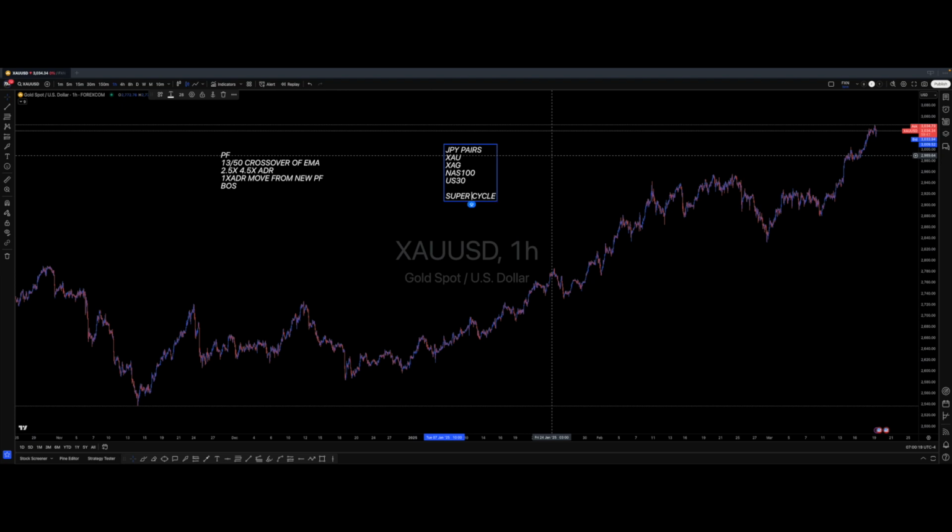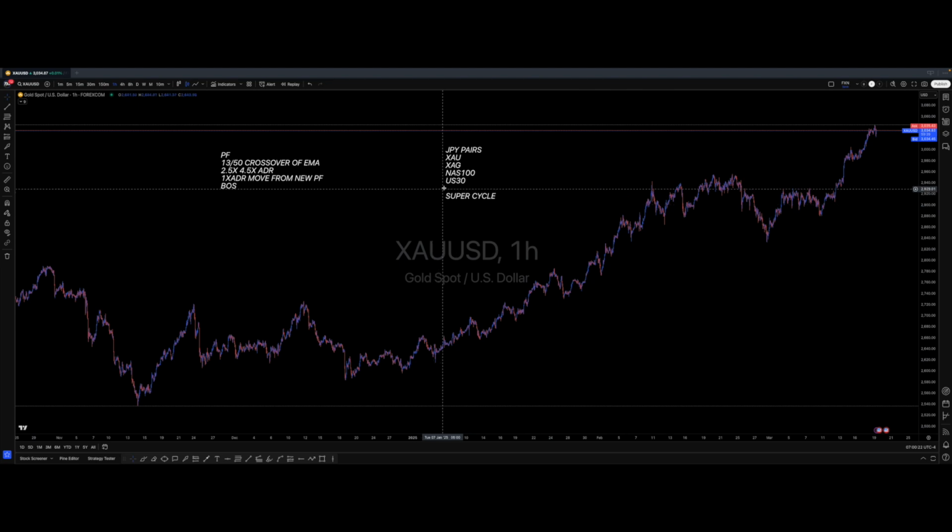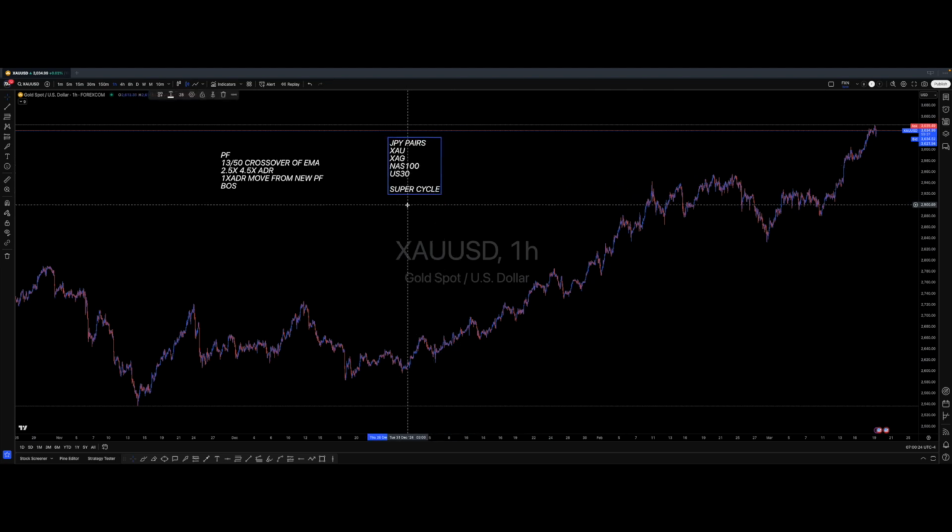And you're asking yourself, what the hell is a super cycle? Well, pretty simple. A super cycle is essentially a pair that moves beyond 4.5 times ADR before it creates a new peak formation.